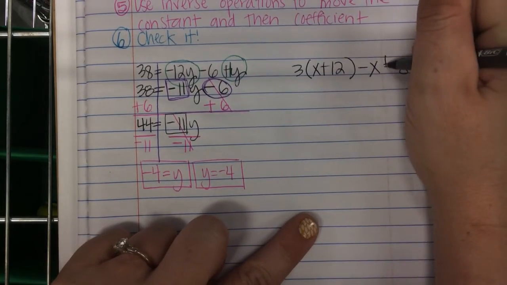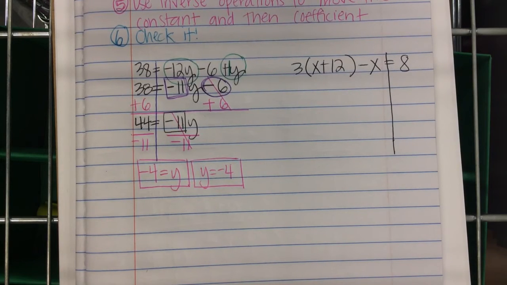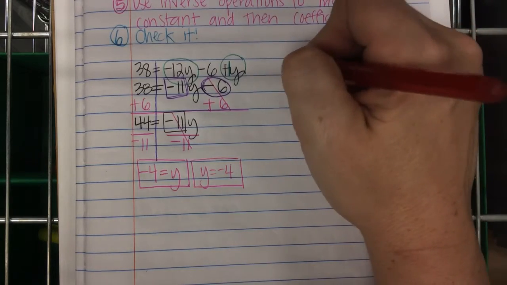Draw a line down the equal sign. Step 1 is easy. Step 2, distribute. Do I have parentheses? Yes. So I have to distribute.